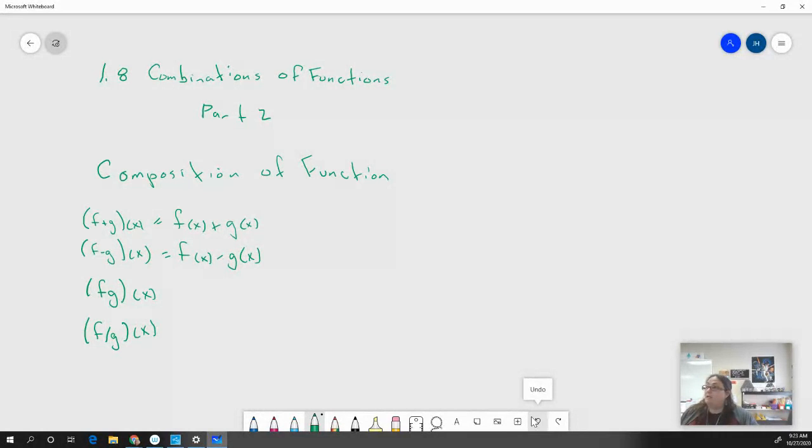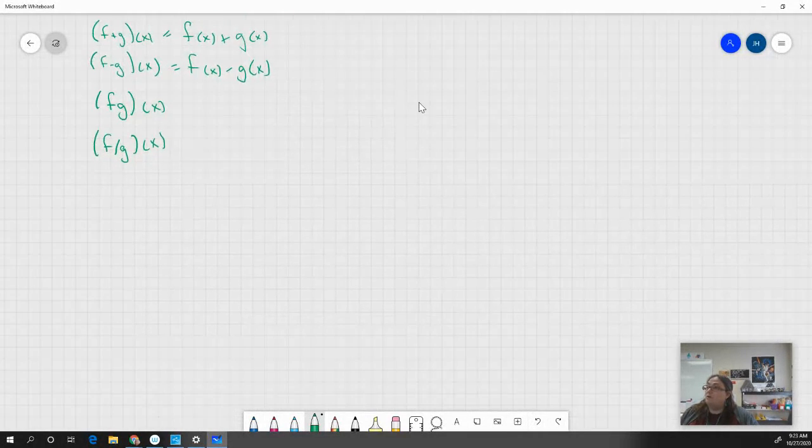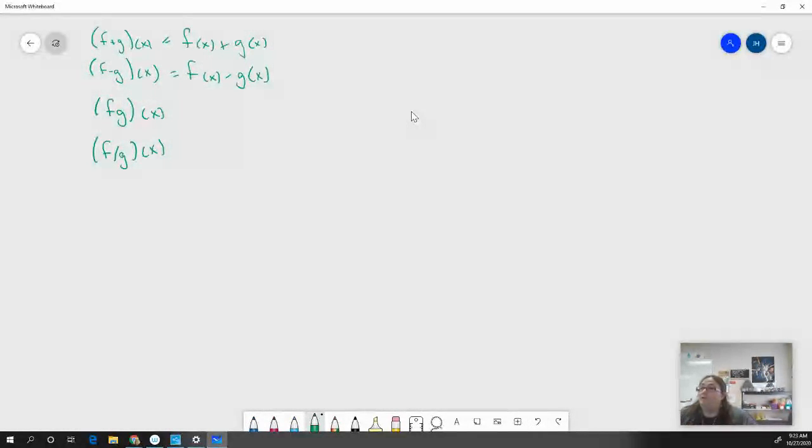And what we're working on now is what's called composition of functions, which is f composed of g of x, right? And what composition means is plugging one into the other. We're going to take f of x, and what we're plugging in for x is g of x.